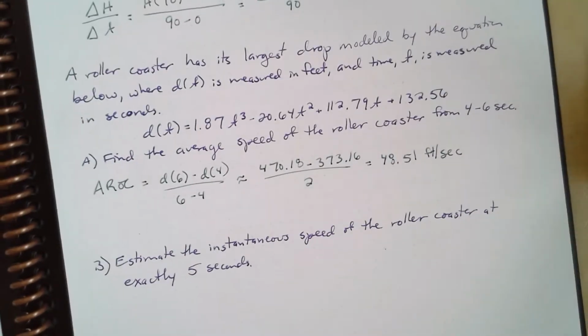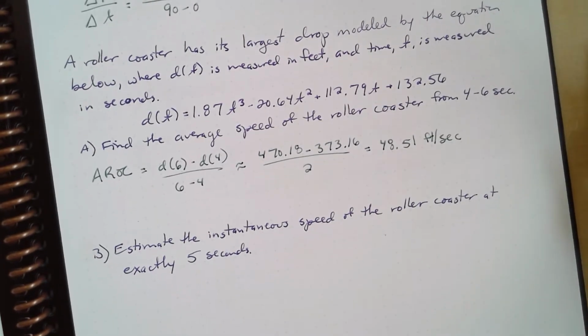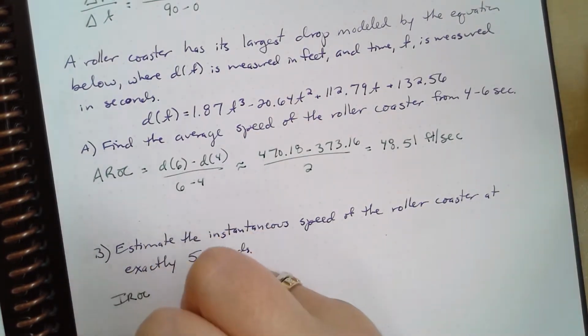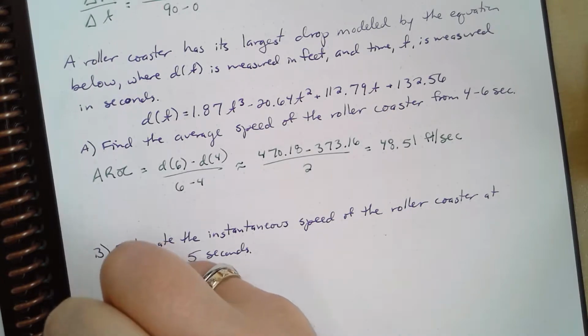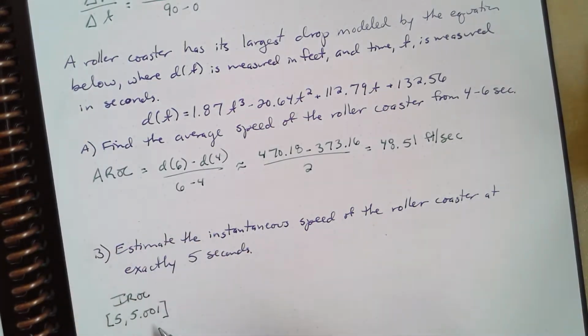We're also asked to estimate the instantaneous speed of the roller coaster at exactly 5 seconds. At exactly 5 seconds, we don't have a formula yet to calculate that speed. So we're going to calculate our instantaneous rate of change, IROC, by just using 5 and 5.001. It's not exactly 5 seconds, but it's very, very close.